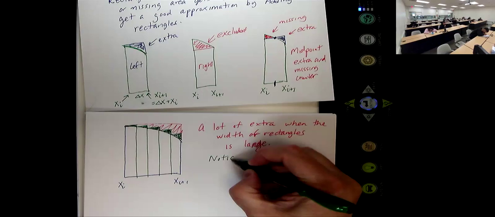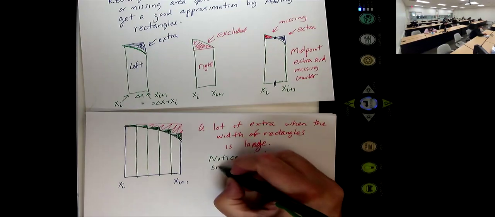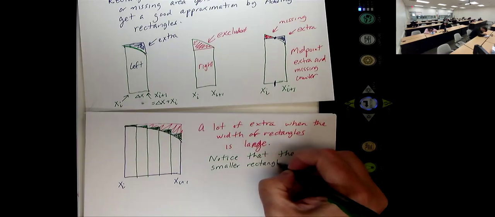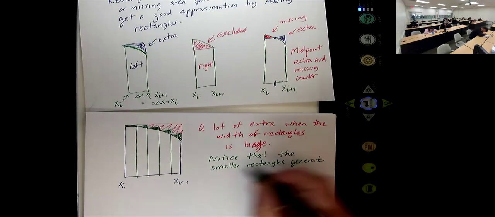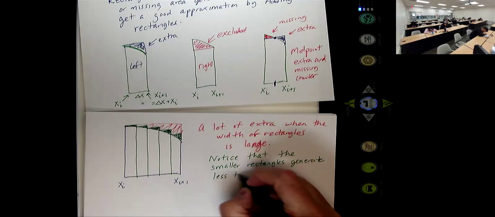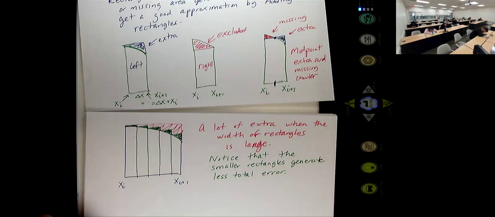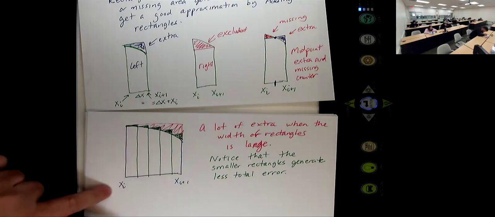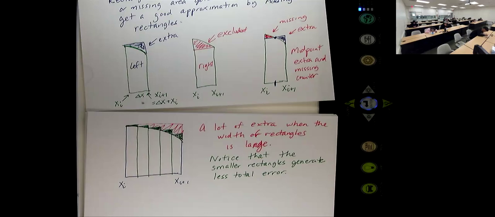Notice that the smaller rectangles generate less total error. The little rectangles only have the filled in green. Doing the full width of the big rectangle has the green and the red. It's a lot less. Does that make sense?